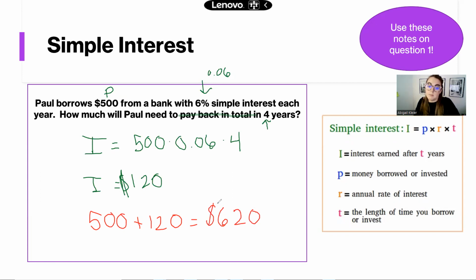And this is the amount that Paul would pay back in total. So again, using that formula, we're multiplying the principal times the rate in decimal form times the time. And then we are adding our amount of interest to our initial amount in order to find the total amount that needs to be repaid.